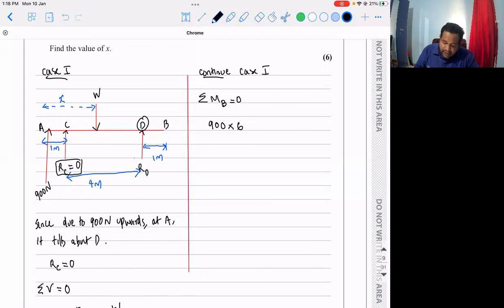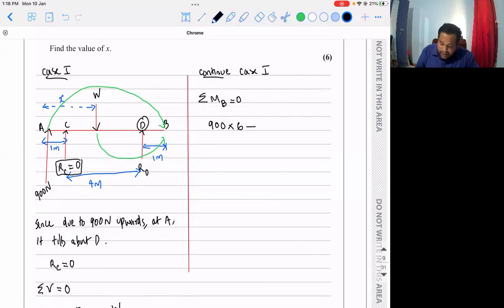It is a clockwise moment, right? So 900 times 6, then minus this W times that distance. So what is that distance? Could you please try to calculate what is that distance?